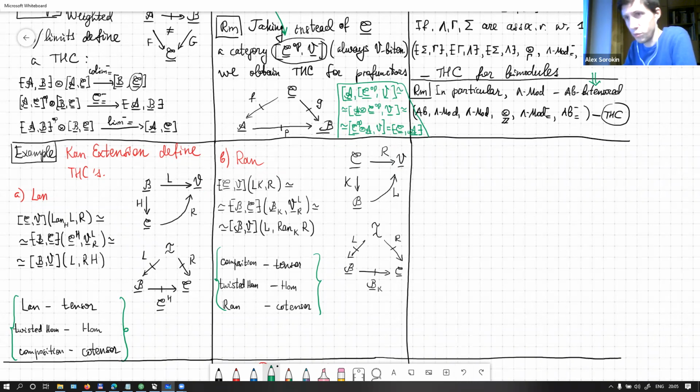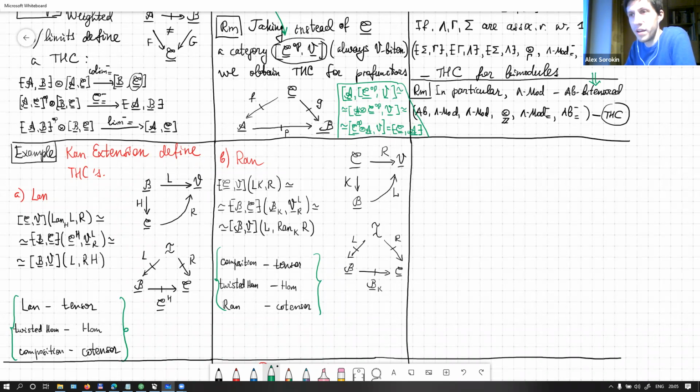However, that is also possible, but using a little different setup. Why is it possible? Because of weighted limits and co-limits. Weighted limits and co-limits give you Tensor-Hom-Cotensor situation, and there, picking up the correct functor, you will have Tensor-Hom-Cotensor for Lan and Ran.